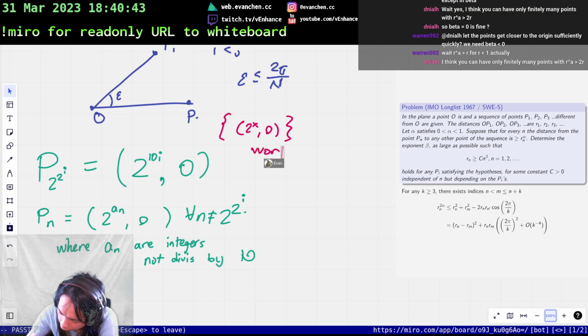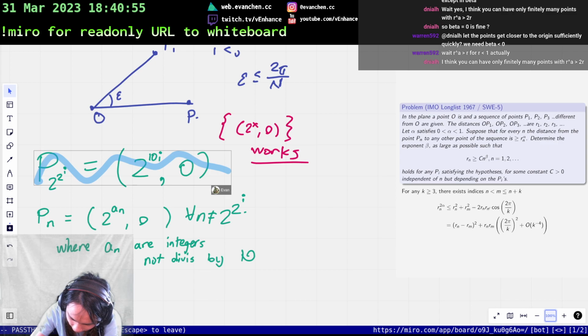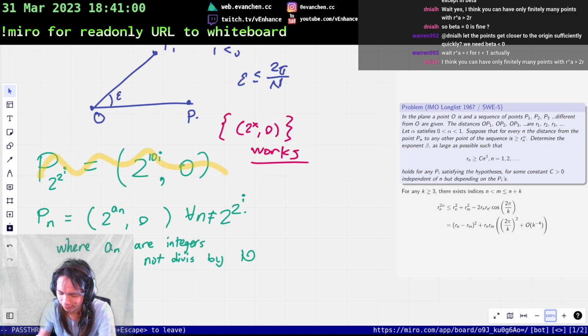And then you're like, well, they didn't give me any condition on the indices, so I'm going to make one subsequence of really antagonistic indices where the distance is just much smaller than the index, to make sure that no positive value of beta will possibly satisfy the conclusion.